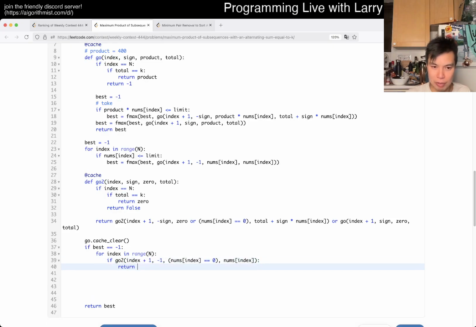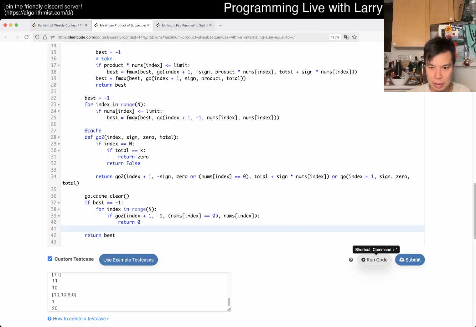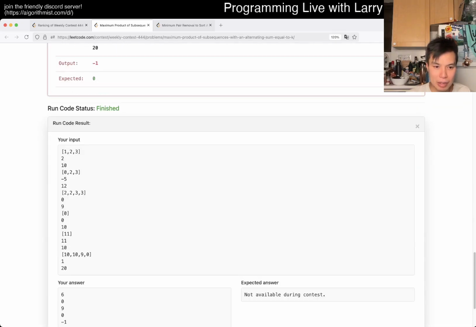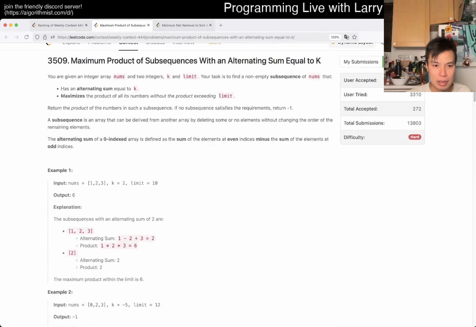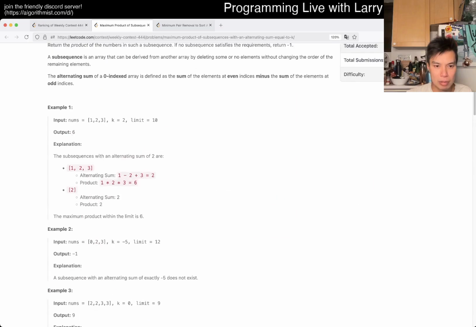So if this is true, then we return 0. Otherwise, we return best. Okay, so we got that. What's the expected answer again? I don't remember all the other. Okay, so it's 6. No. This is -1, and this is not okay. So we got this one wrong.